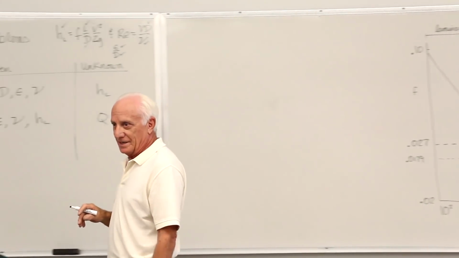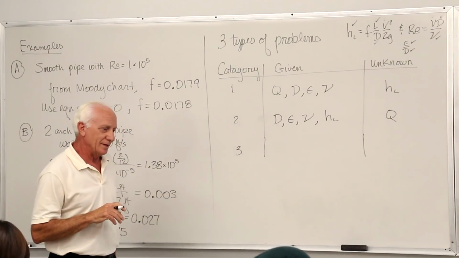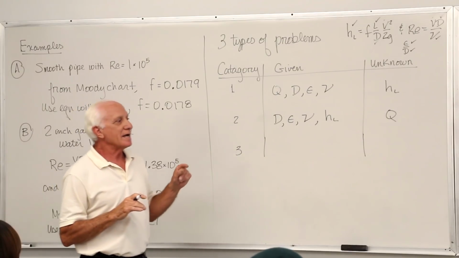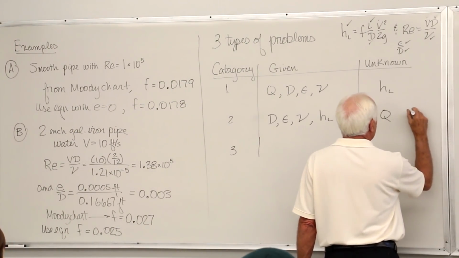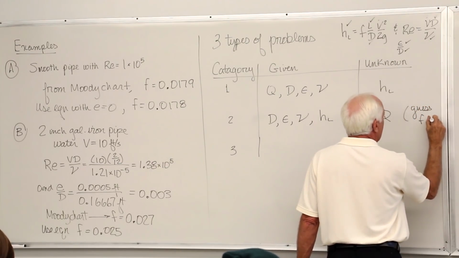Okay, this is called a guessing game. If you don't know it, guess it and start the calculation, and it will be iterative in the end. So I guess F. This problem here is guess F and iterate.